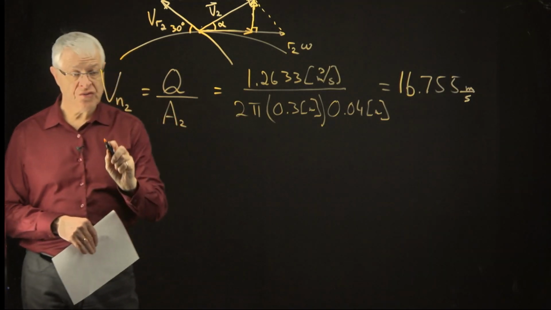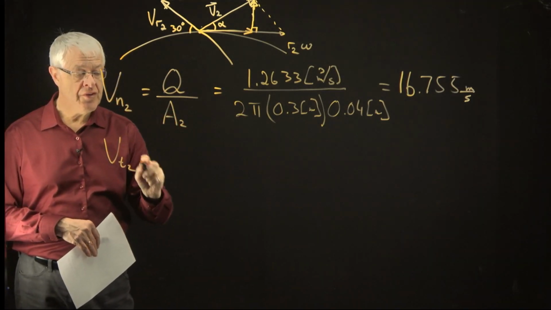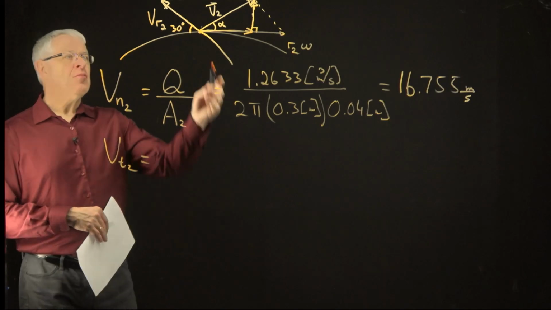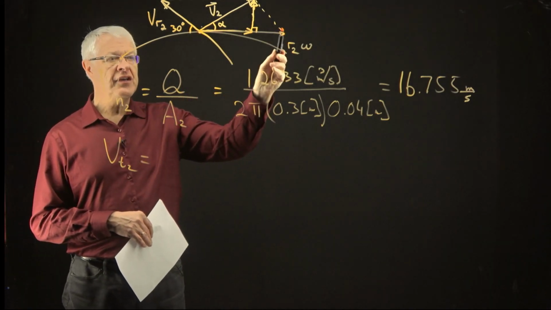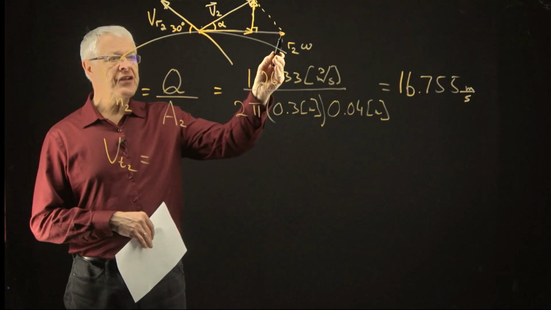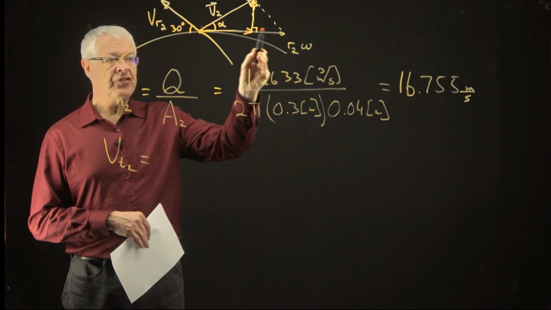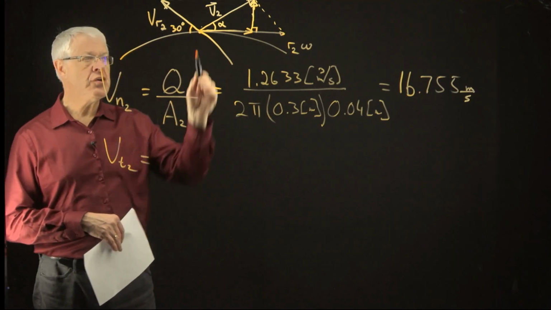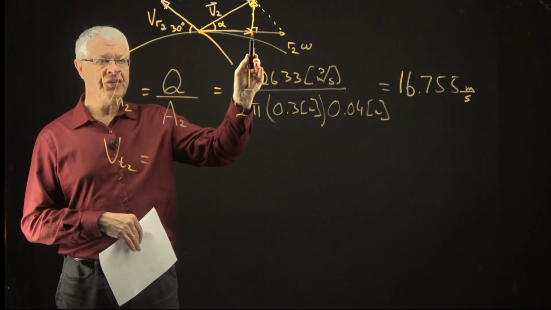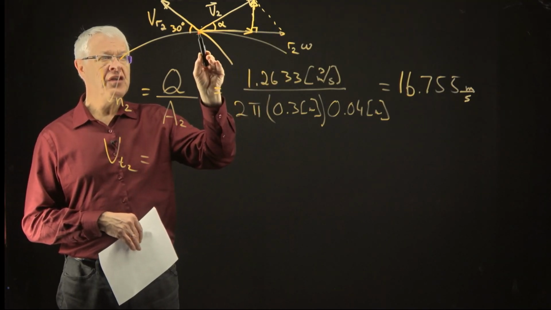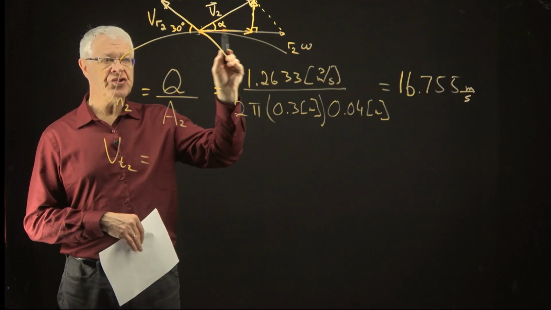Well, the tangential velocity at 2, we can get by taking this total distance, which is R2 omega, and subtracting off this distance. Okay, so that's what we're going to do in this equation. Take our R2 omega minus this part, and that'll give us V tangential 2, which is this bit.